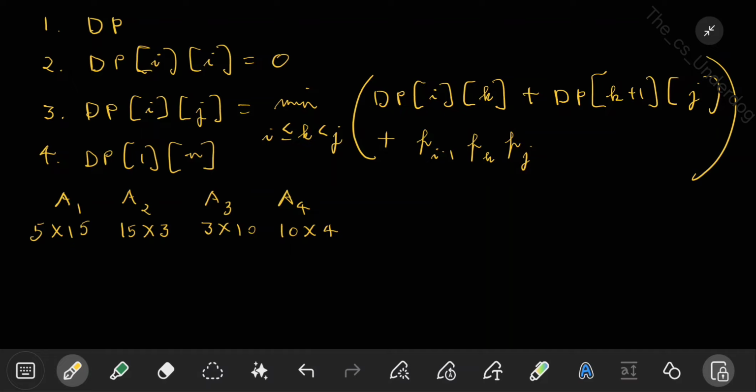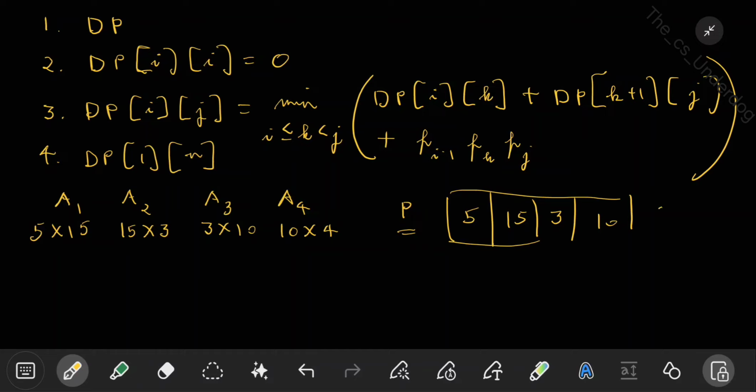Next thing is, we'll define an array P. So P will be the array which will include all these sizes. This is what we want. We don't want to know what exactly these matrices are. We just want to know what the sizes are. So P is an array. In this array, you will have entries 5, then 15, then 3, 10 and 4.